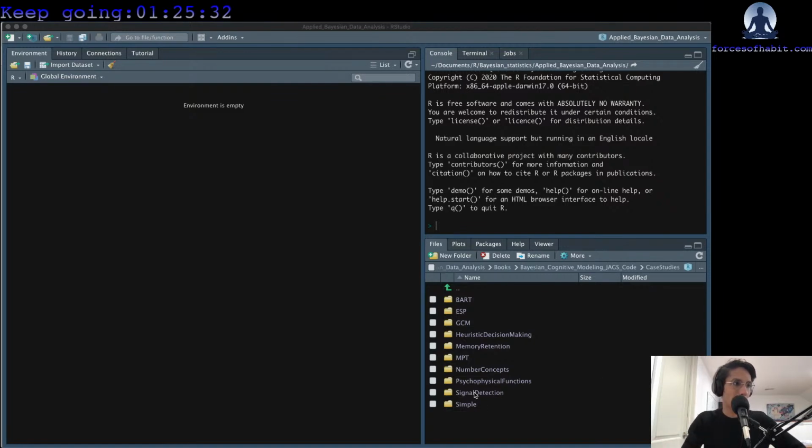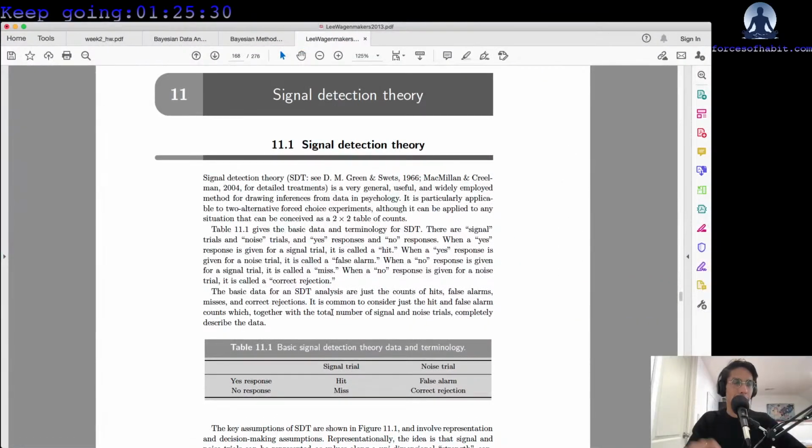And now we're going to move into signal detection theory, which is a theory that I'm not too familiar with, in part because I think it's slightly fallen out of vogue in psychology.